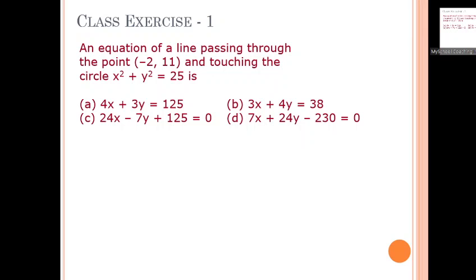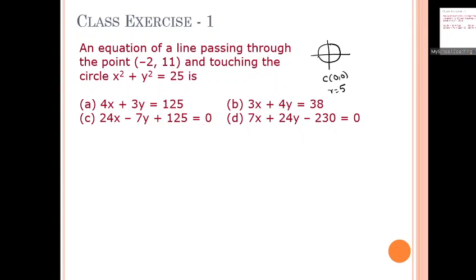The equation of the line passing through this point and touching the circle. Can you draw this rough diagram? देखिए, x square plus y square is equal to 25. Standard circle, right? Center 0, 0. Radius is equal to 5.